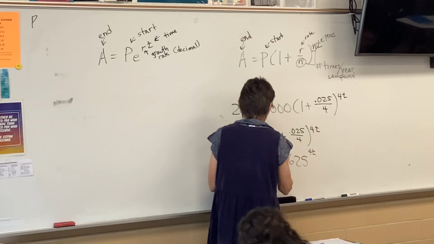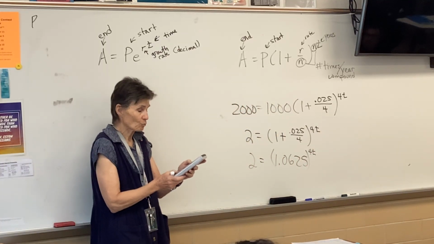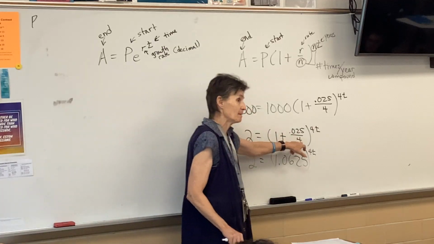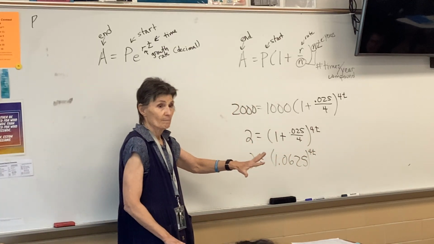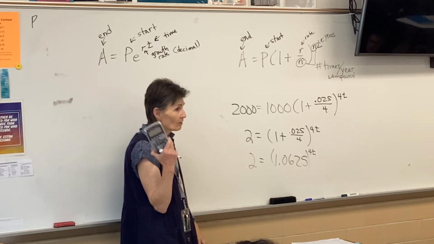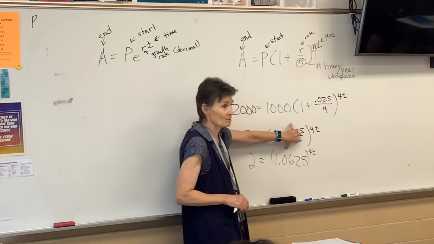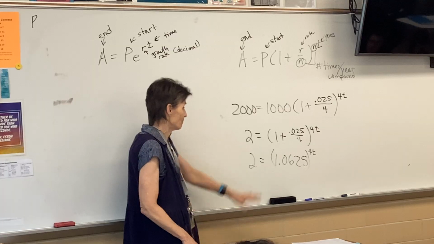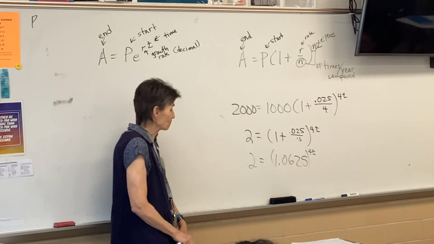But remember, don't do that if it means rounding off. Like if this had been divided by 3, don't do it, because you can't round off in the middle of the problem. It throws off your final answer. And you've got a $100 calculator, you don't need to round it off. You can type in that expression. But it's okay this time.